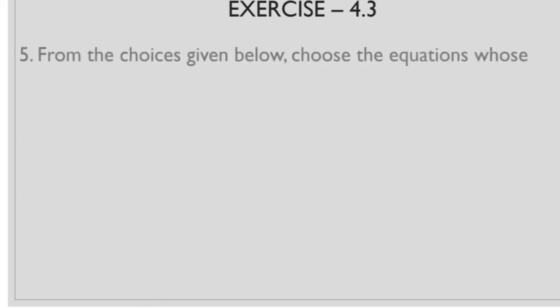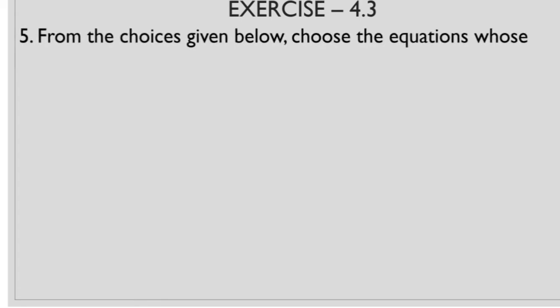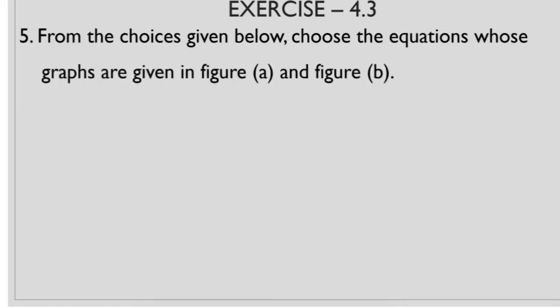So, question number 5. From the choices given below, choose the equations whose graphs are given in figure A and figure B. Now, in this question, two figures of plotted graph are given, and from the graph you have to find out from the given four options of equation the graph is of which equation.